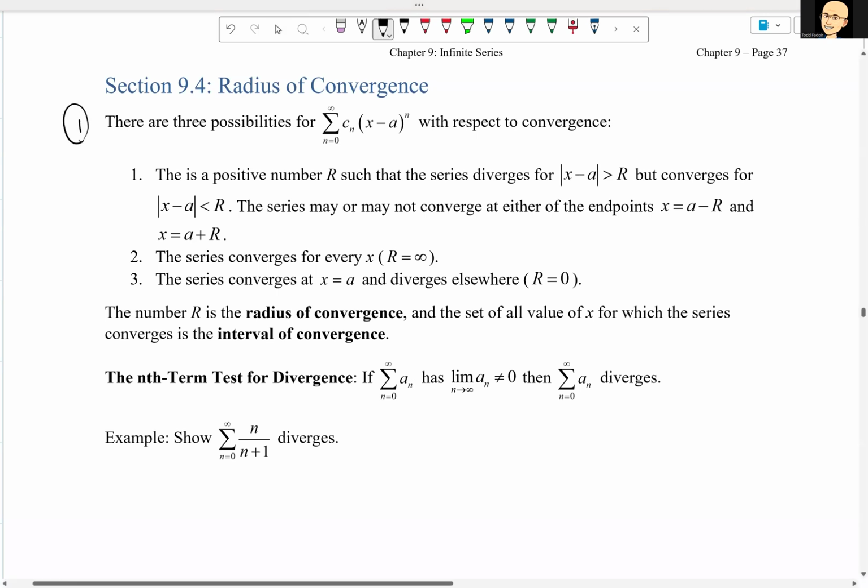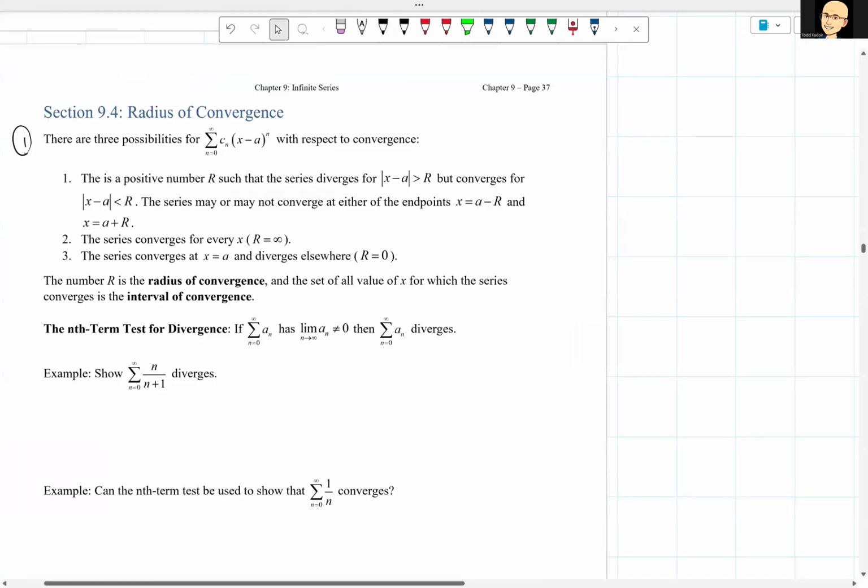Whenever we have a power series, there's only three possibilities for the convergence of that power series. Possibility number one is that there is some positive number r.